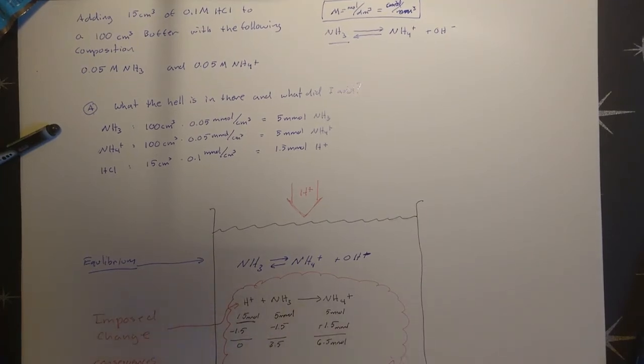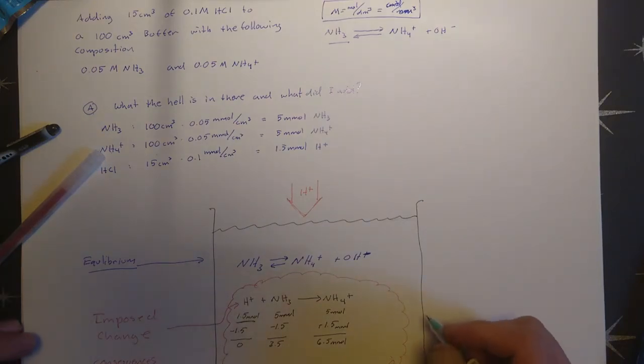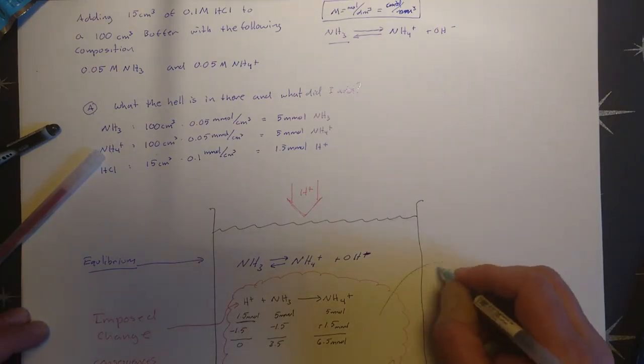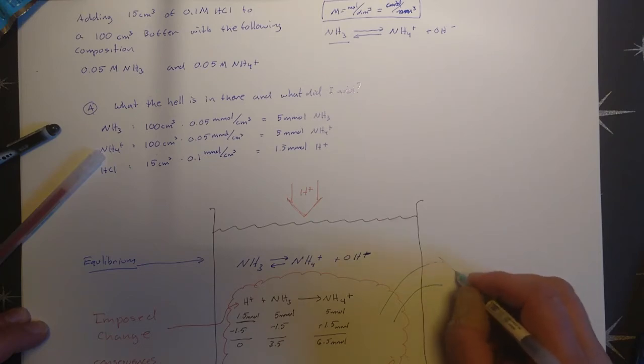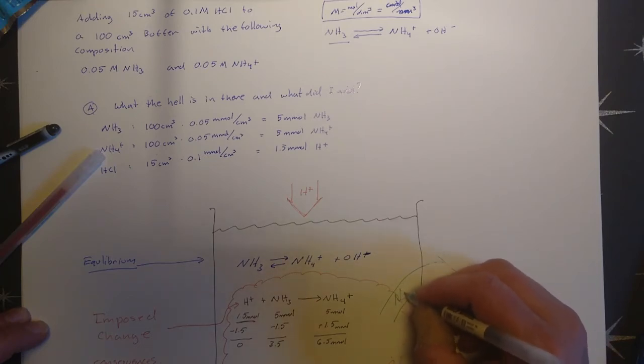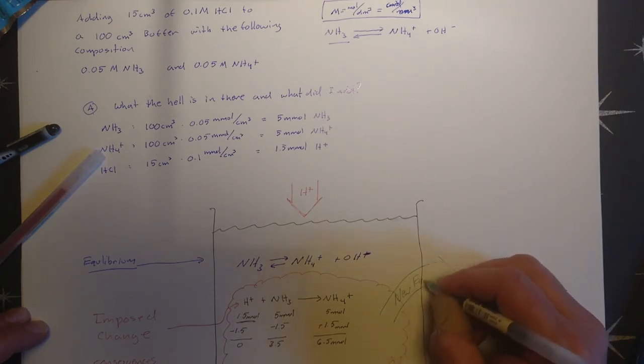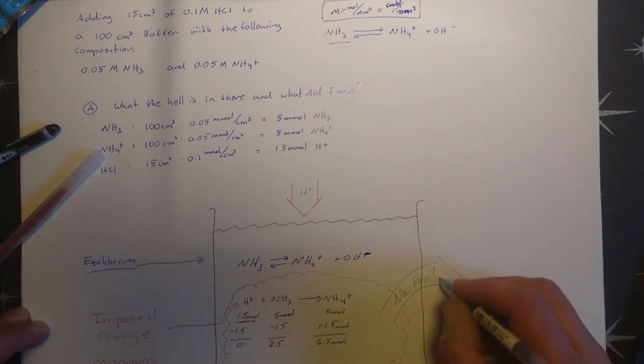So now once we have this, we can recognize the fact that we can then rewrite this and determine the new equilibrium. So I'm going to write that in green here. We'll say new equilibrium.